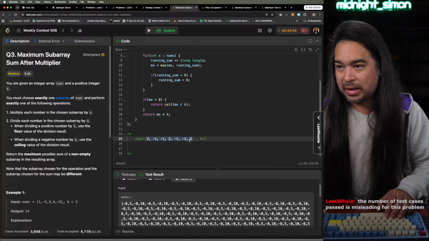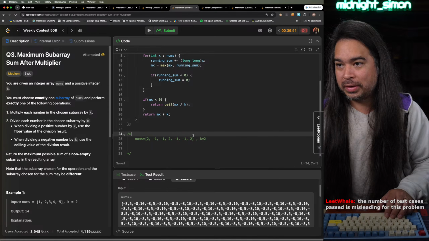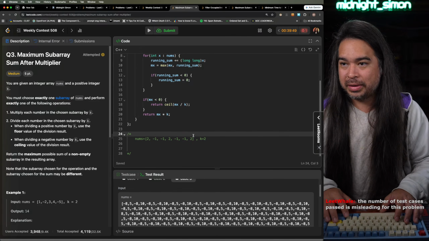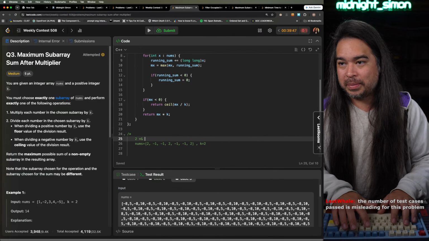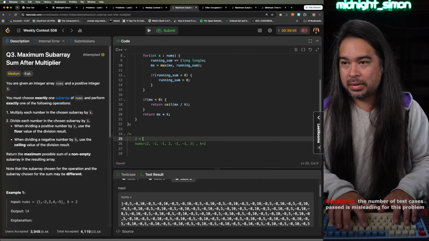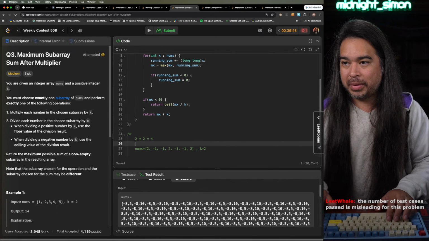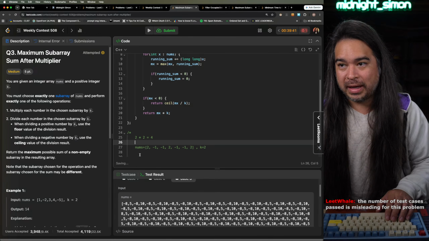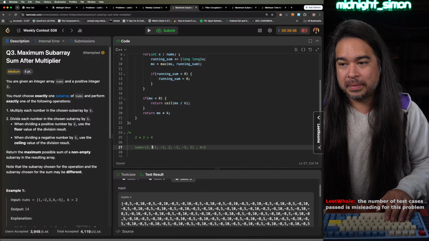I guess if you take everything, the whole thing is 6 minus 4, which is 2. K equals 2. So if we multiplied everything out, that would be 2 times 2. But maybe that's not the answer. Maybe if we divided everything. Oh, I see. Because these zero out.